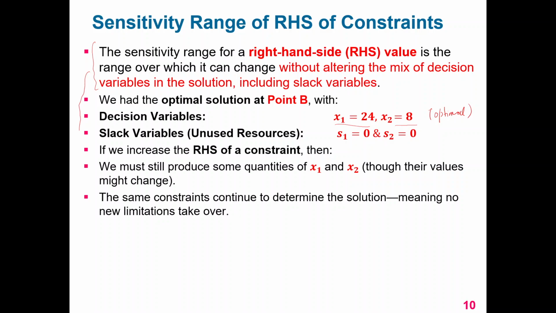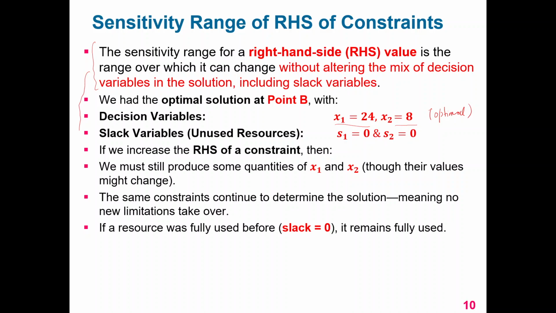Now when we change the right hand side of the constraint, no new constraint should take precedence. The constraints used to find the original optimal solution should also play the same role in the new solution. So that means no new limitation should take over.